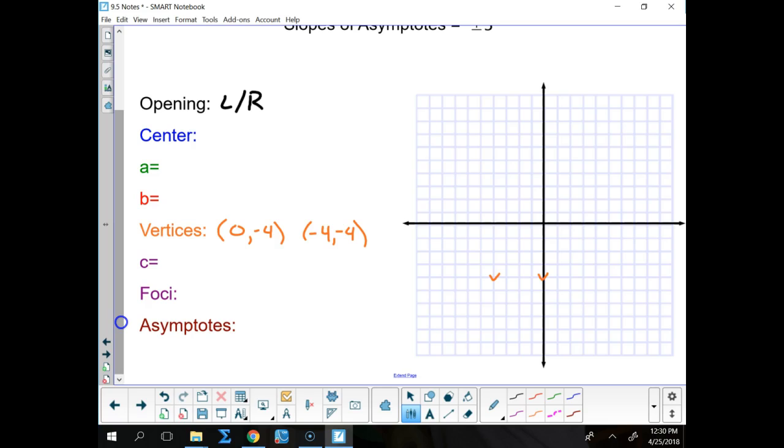So I know that the center then is at negative 2, comma, negative 4. What else do I know? I know a third thing. So what's A?